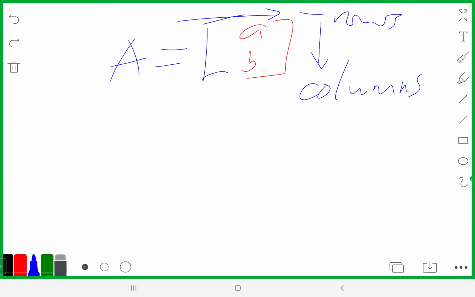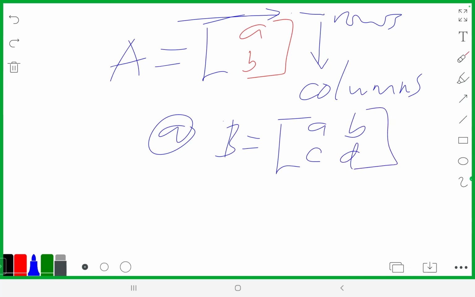Let me give you an example. Let's call this matrix B, with the entries A, B, C and D. Now, when we are describing this matrix, we want to state the order of this matrix.